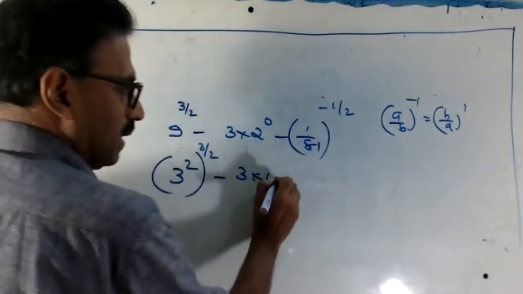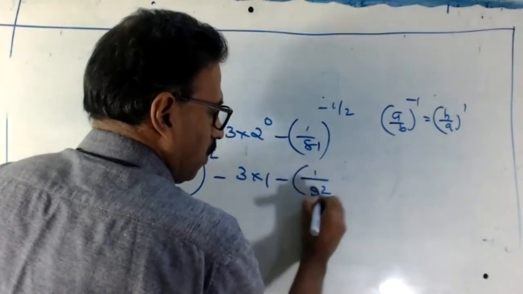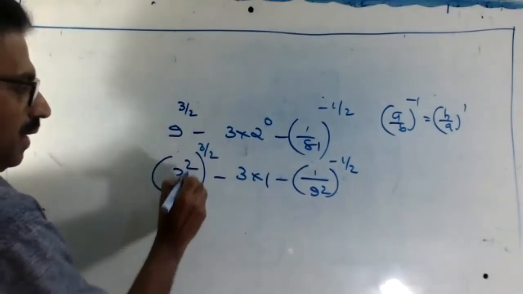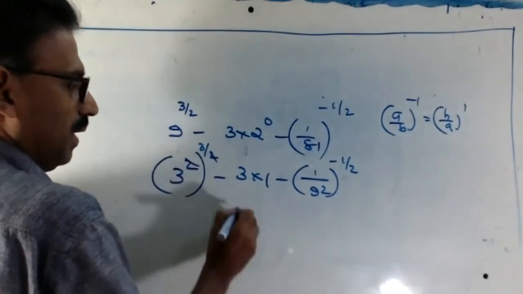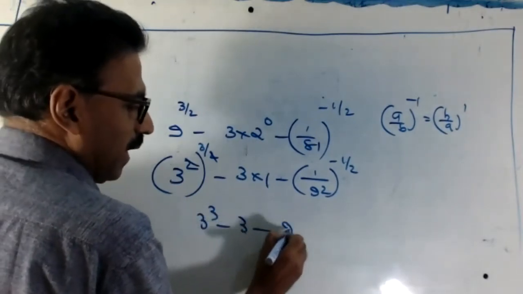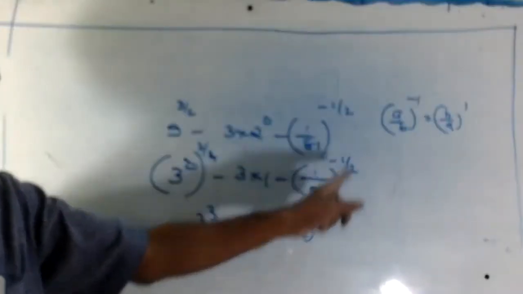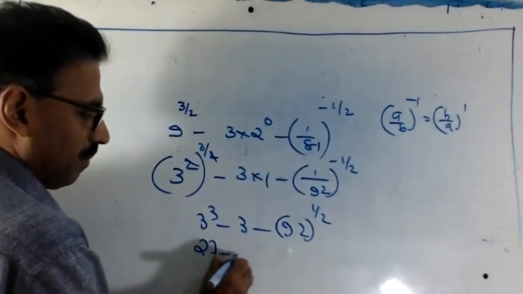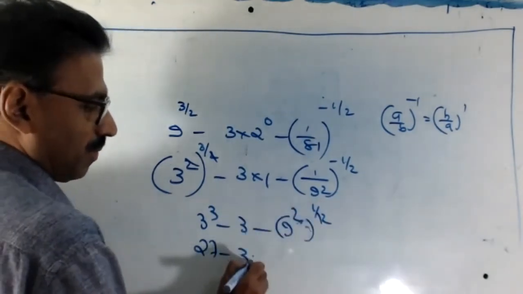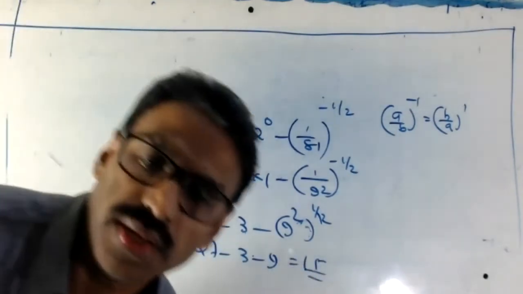Directly 3 minus 1 by 9 square whole raised to minus 1 by 2. This cancels. So 3 cube minus 3 minus 9 square whole raised to 1 by 2, right? This minus 1 by 2 is going up. So 27 minus 3, 9 square, minus 9. Answer is 15. Okay, now clear?